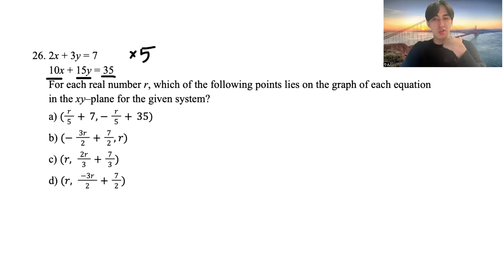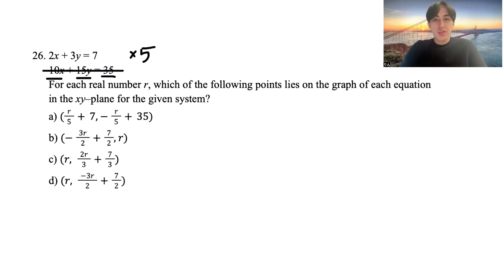These two equations will have the exact same graph, the exact same points on that graph. So we can just focus on the simplified version, the first equation, 2x plus 3y equals 7, and ignore the second equation.